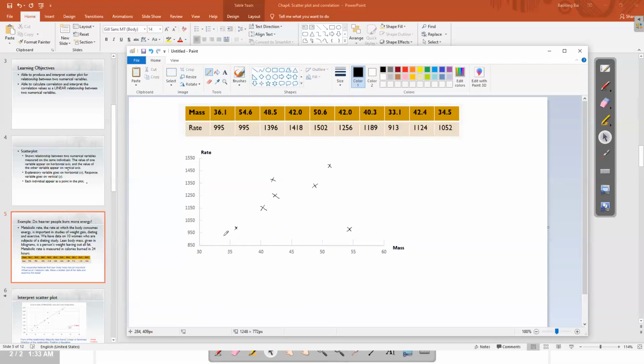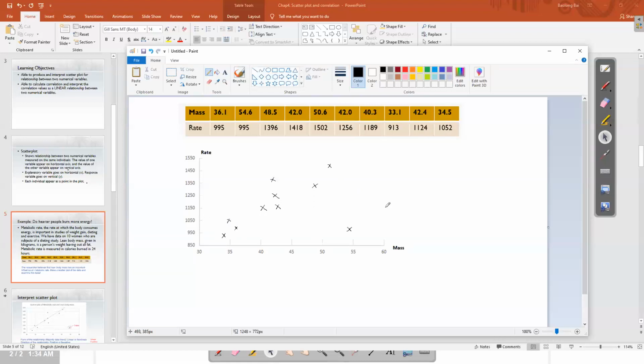And then 42.4, 1124. Okay. And then 34.5, 1052. That's very close to 1050.